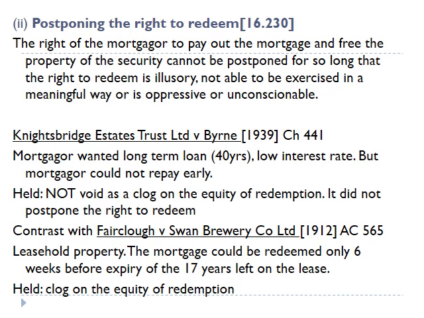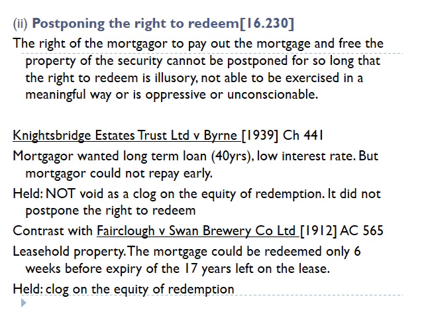But in this modern day and age, where capital is readily available, or money for loan is readily available, depending upon the nature of the loan, a 40-year postponement would, I think, be held to be oppressive and unconscionable. For example, if you took out a house loan with a bank and you couldn't repay it for 40 years, I would have thought in those circumstances in the modern day that it would be held to be a postponement of the right to redeem.